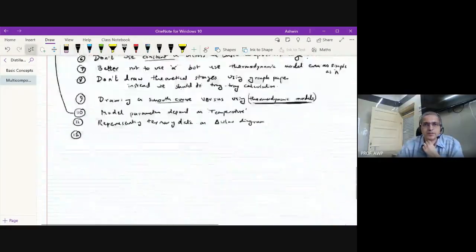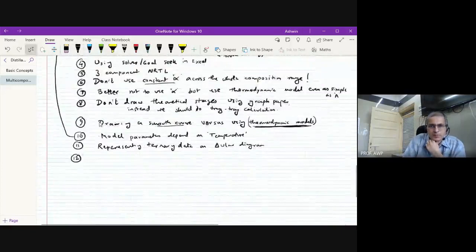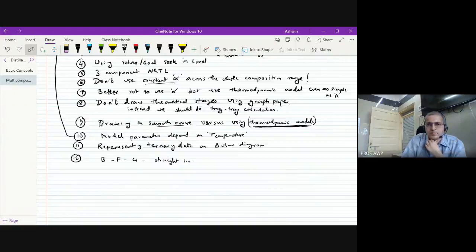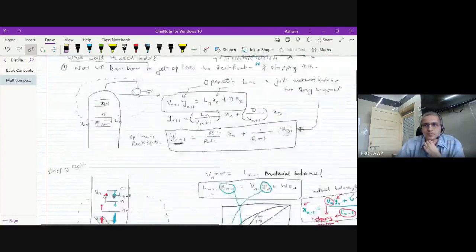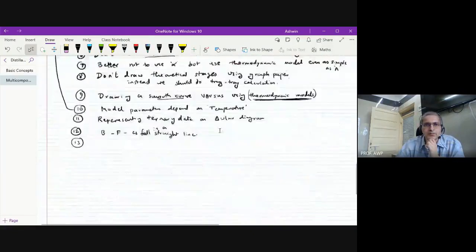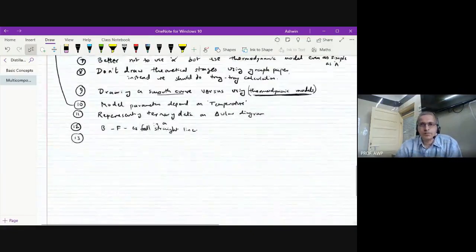So the distillate, feed, and bottom compositions are represented by a straight line. They are collinear. What else did we learn? Excellent, Revati. What else did you learn?